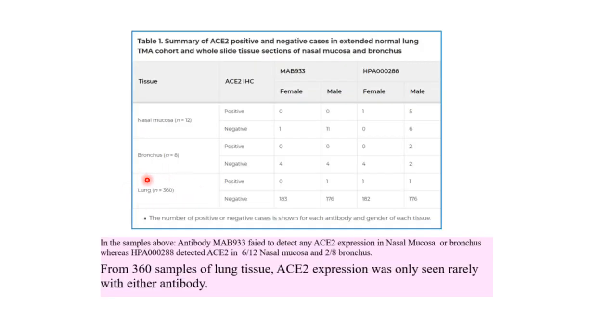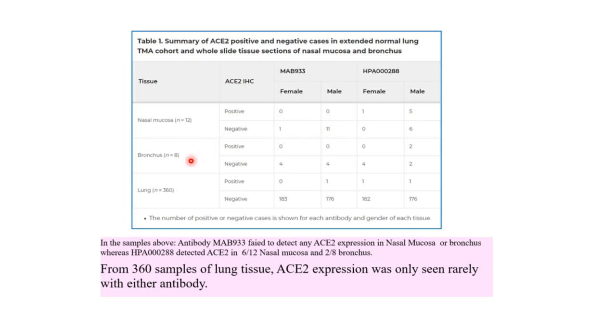Out of 360 samples, only 2 samples were found to be positive for ACE2 with HPA000288, and with MAB933 only 1 out of 360 samples was found to be positive for ACE2. In the nasal mucosa, 6 positives and 6 negatives with HPA000288, but with MAB933 all negatives for ACE2.